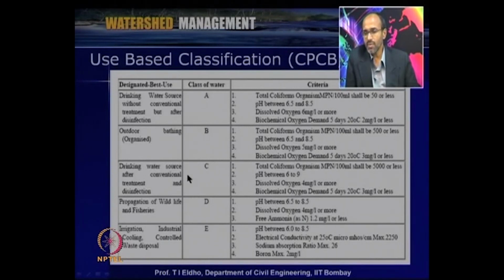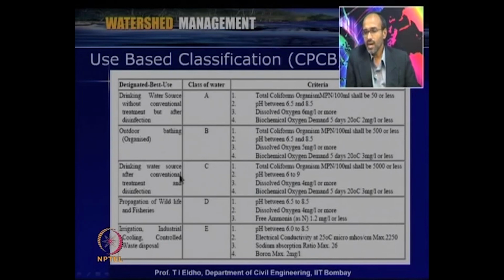Then class C is for drinking water source after conventional treatment and disinfection. So, the water which is taken from here will go through a treatment process, and disinfection will also be done. As far as the source is concerned, total coliform organisms per 100 ml shall be, for example, 5000 or less, pH can be 6 to 9, dissolved oxygen 4 milligram per liter or more, and BOD 3 milligram per liter or less.